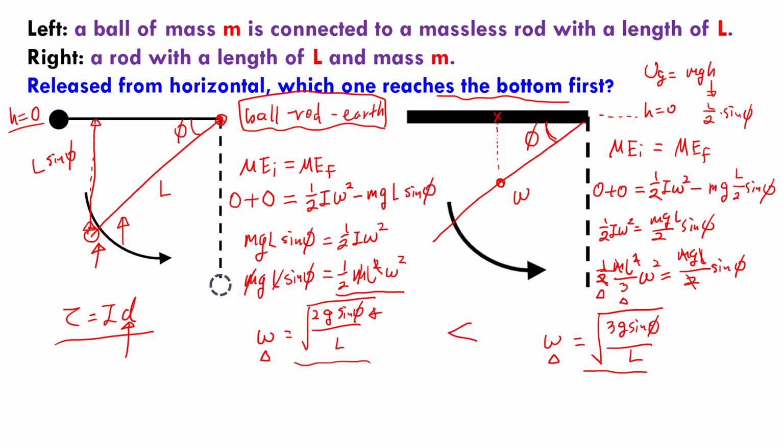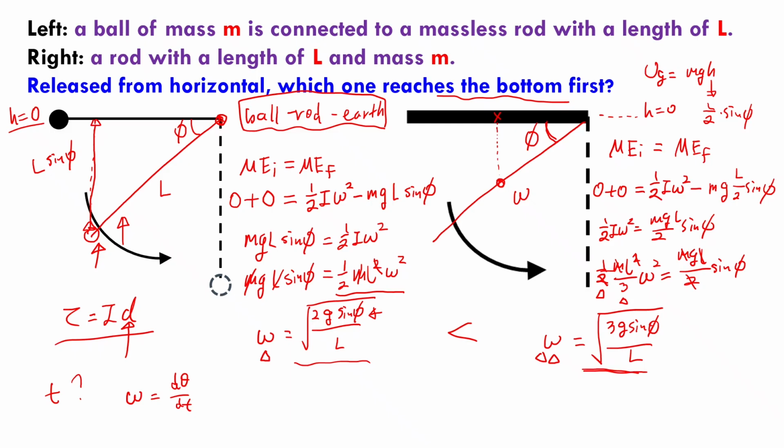But why did I say that even some college professors cannot solve this question completely? Because it's very, very hard to find the time from horizontal to the bottom. Why? Because it will involve some pretty complicated calculus. We know angular velocity equals d theta over dt.